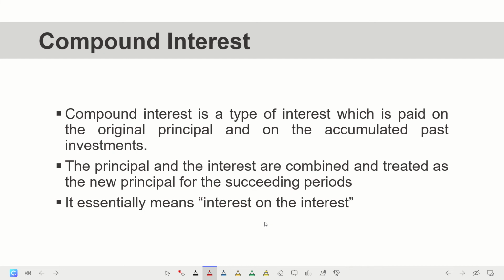So if you have the principal amount and it earns interest, the next compounding period or the next increase will be principal plus your interest, and it will earn another interest. So compound interest essentially means interest on the interest, because your interest is also gaining interest plus the principal.